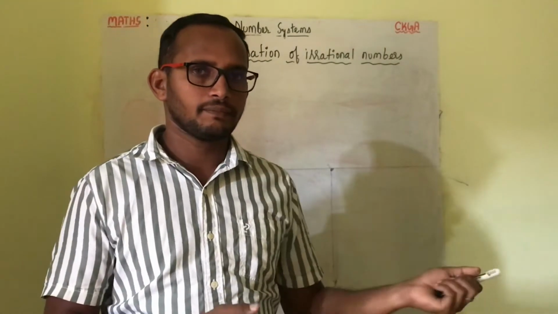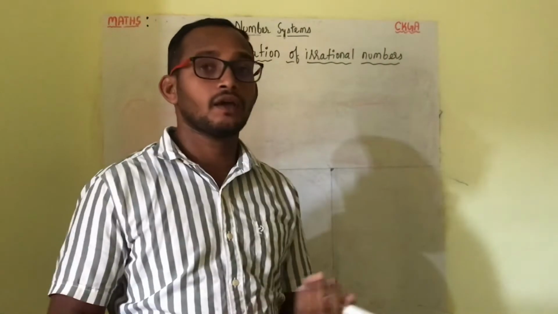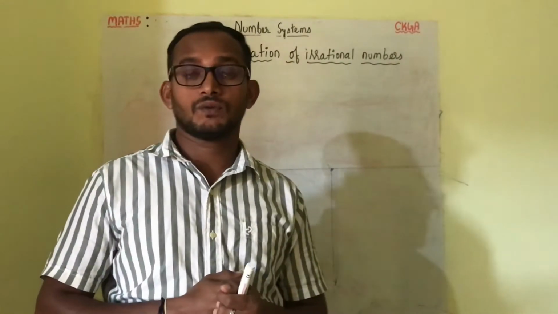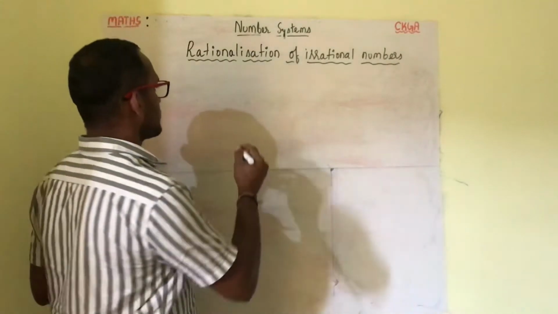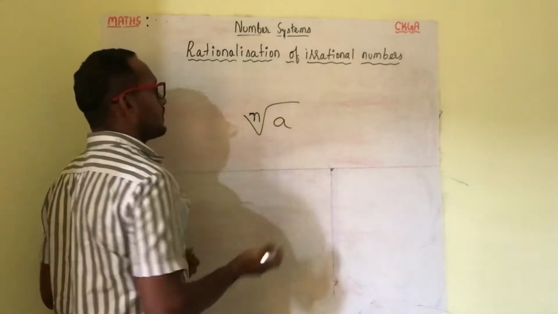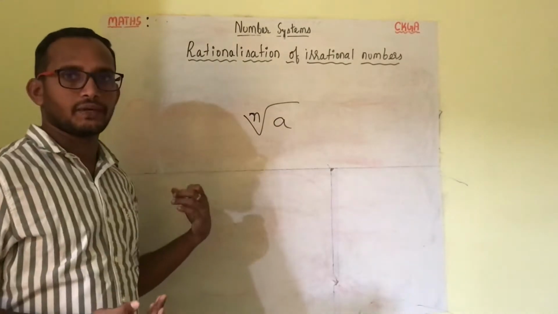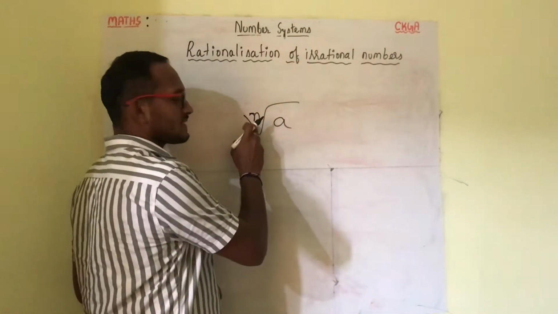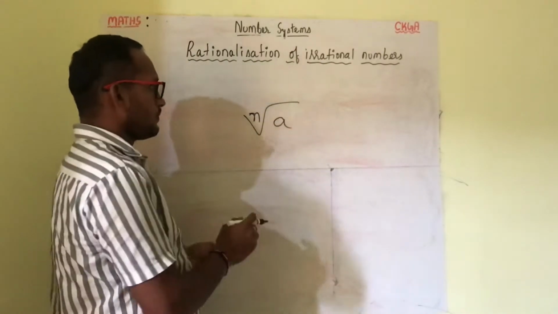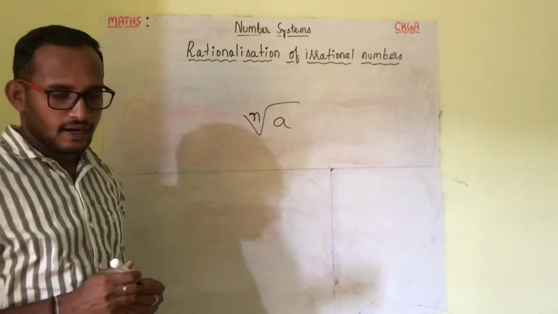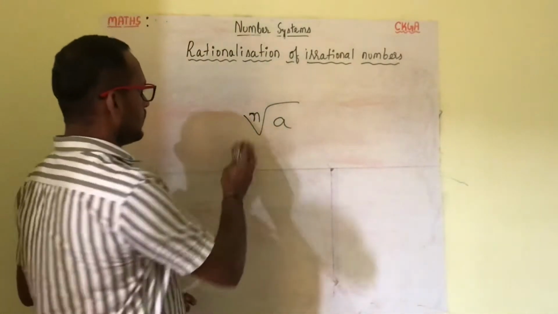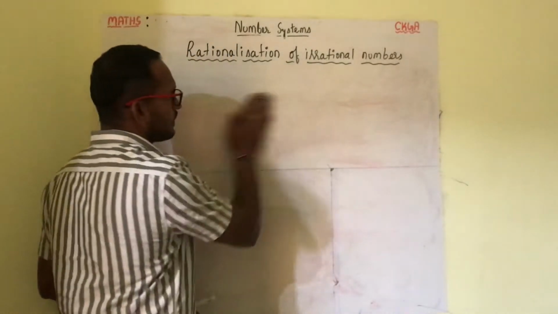In my previous video, we learned about operations on irrational numbers and the basics. In a radical expression, n is considered the order and a is considered the radicand. So don't forget, a is the radicand and n is the order. With respect to orders and radicands, you have done many operations like addition, subtraction, division and multiplication.